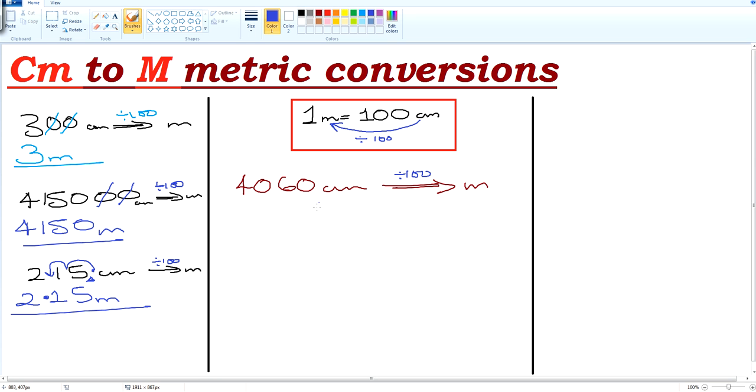There need to be 2 zeros or more at the end. It's only got 1. So what technique do we do instead? We put the decimal point in at the end of the number, and then we move it 2 places to the left. And then we copy down, drop, copy down, copy.